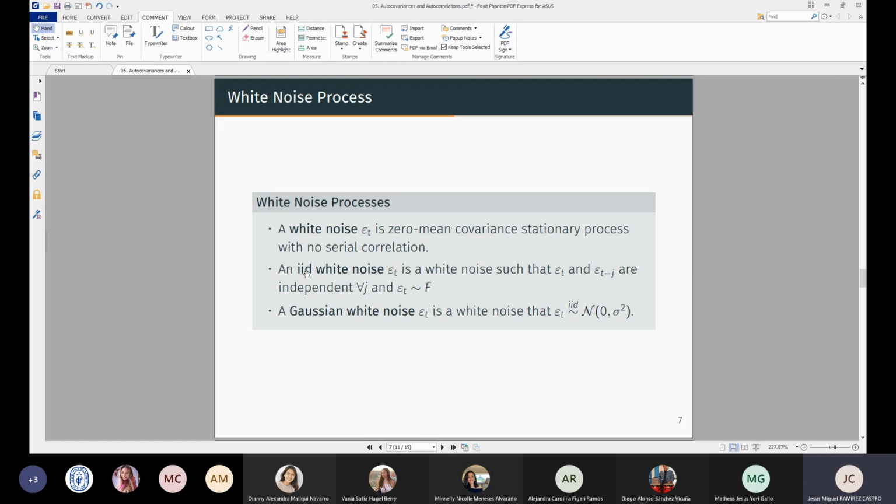On the other hand, for the IID, these guys should be independent, and each of these guys should come from the same distribution. Finally, the Gaussian white noise is a white noise such that it is IID, so it is an IID white noise, and also this distribution F should be the normal distribution, and that's it.